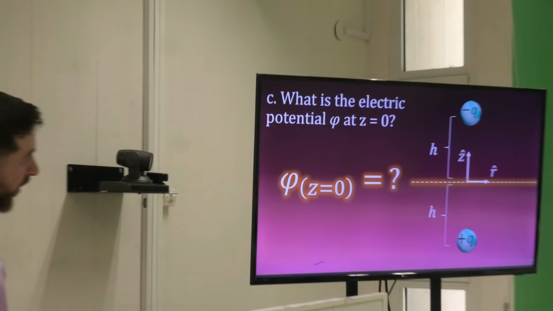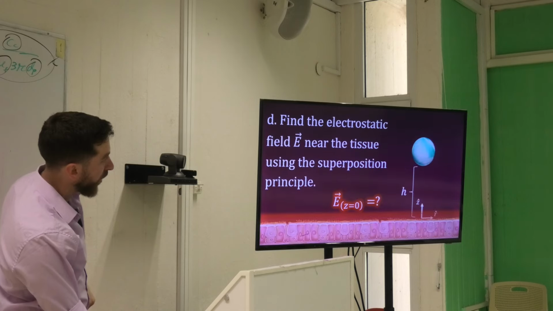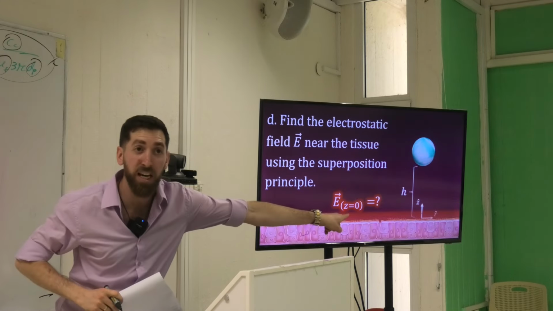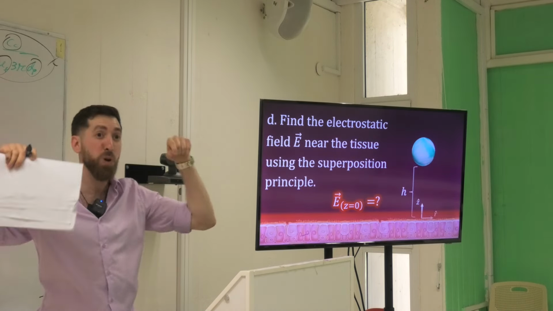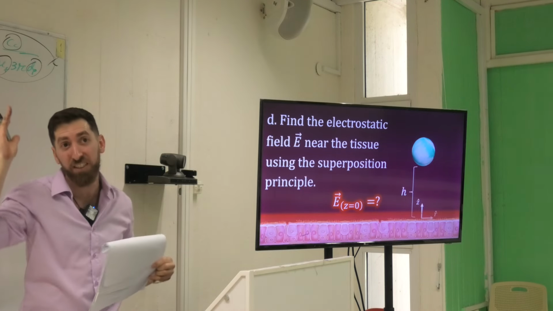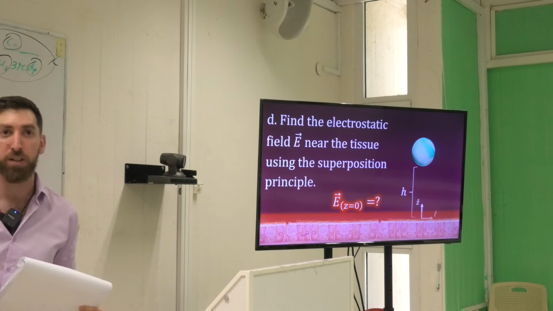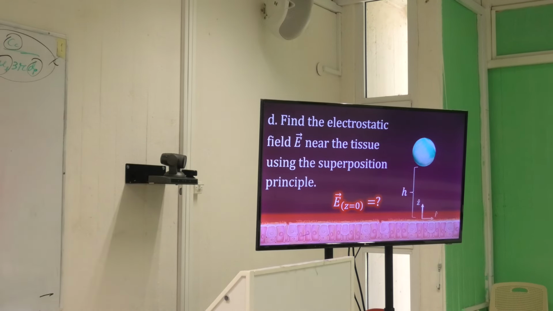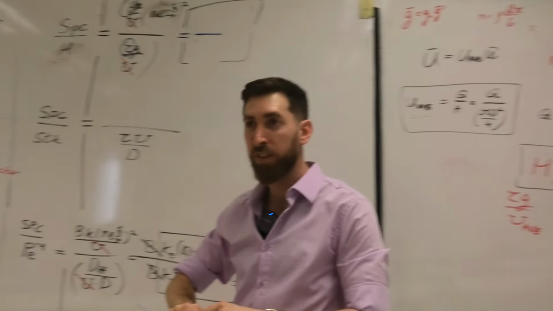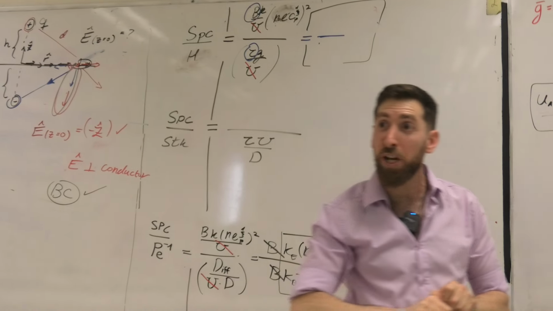So if we found the voltage, and I want to find the electric field in the real volume we are interested in, let's go with height z equals 0. We can find it. A question: how do we know that the membrane of cells is charged? Great question.